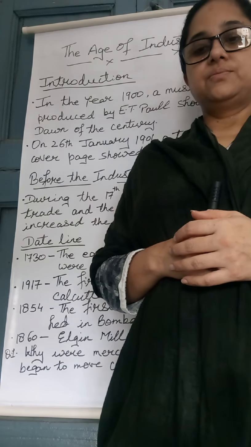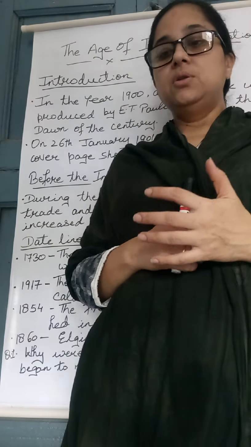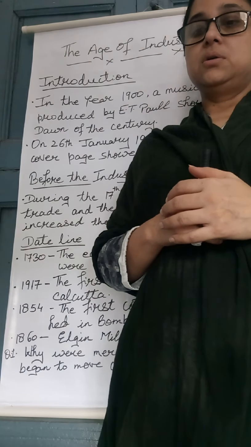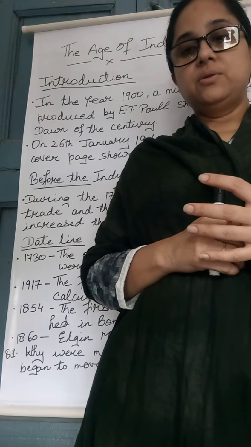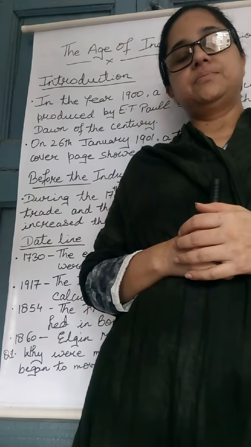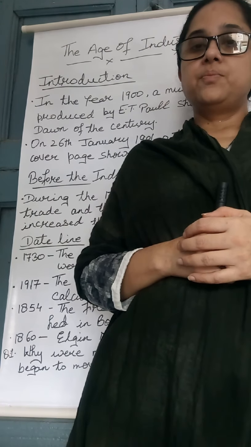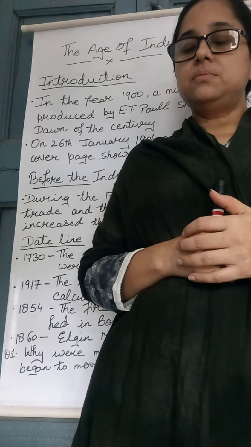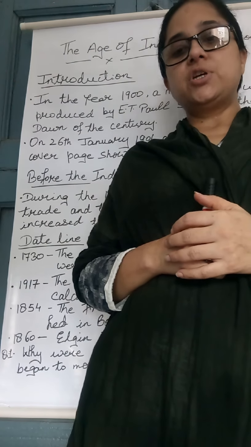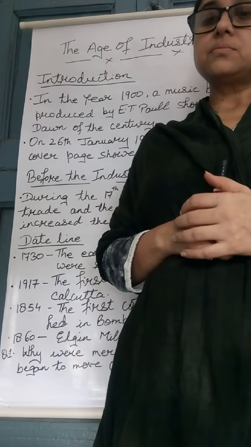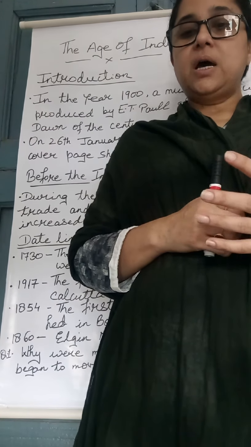These trade guilds restricted the entry of new people into the trade because monopoly rights were granted to them to produce and trade in specific products. This situation made it difficult for the new merchants to set up their business units in towns.